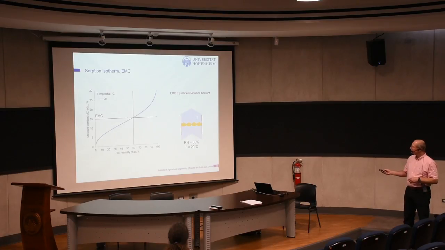This was wet at the beginning, and this will now dry down. After a while, you have reached equilibrium. Then you can find it, 60% and 20 degree. This is a line for 20 degree, okay. And then our equilibrium would be 15%.